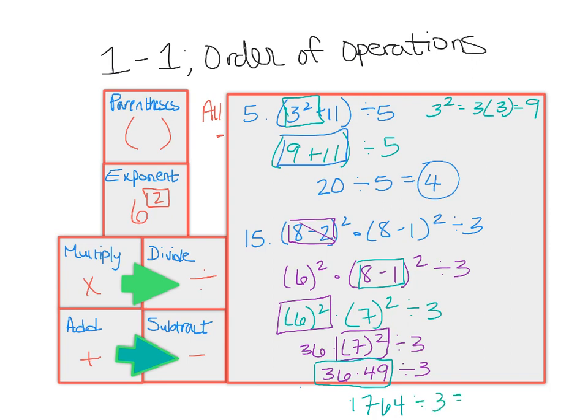And then at this point we have one thing left to do, so we can divide it by 3 and get 588. And that will probably be as difficult as problems as you get in your book, because you're in 7th grade.